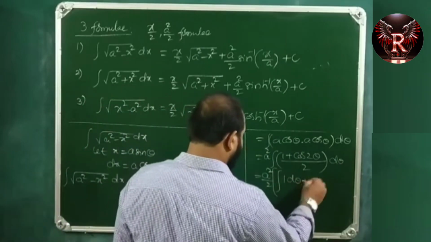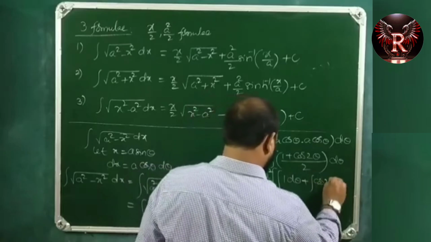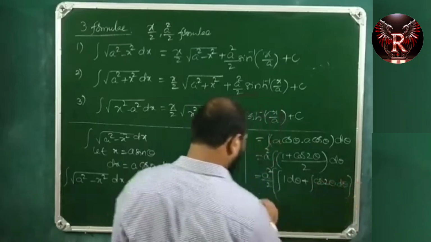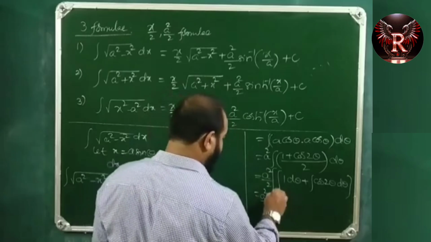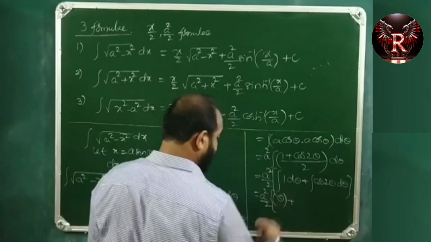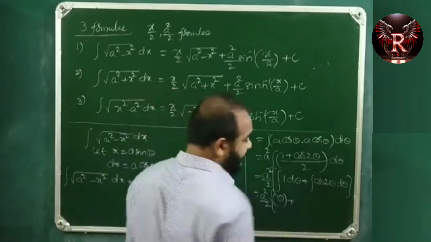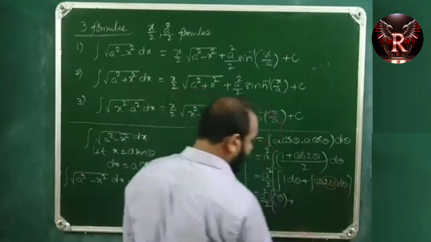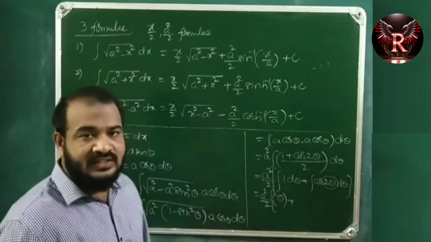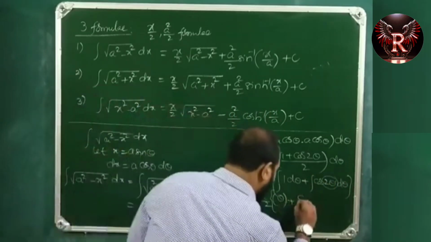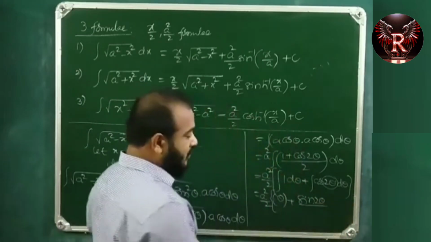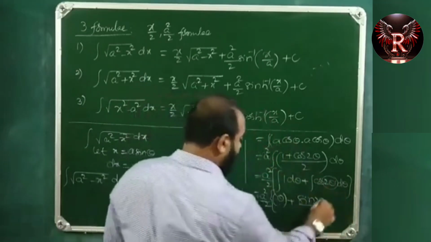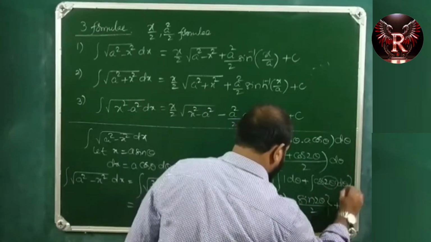Integral 1 d theta plus integral cos 2 theta d theta. So a square by 2, integral 1 d theta is theta, plus integral cos 2 theta, let us suppose this to be theta. Integral cos theta is sin theta, so sin 2 theta by 2, since the derivative of 2 theta is 2. So plus constant of integration c.